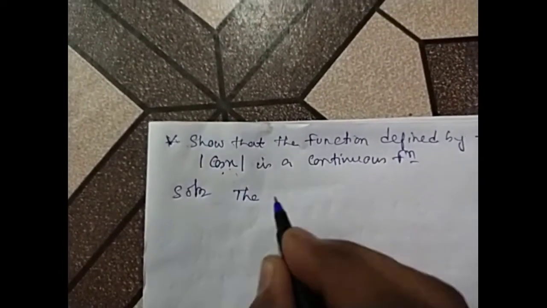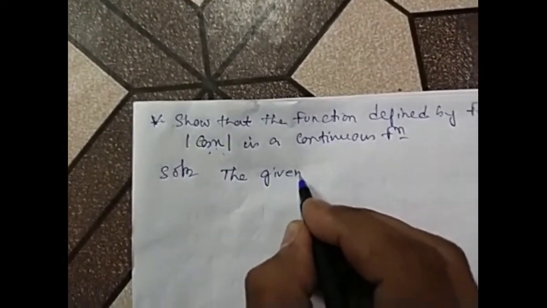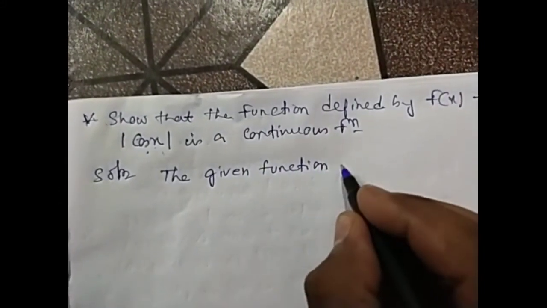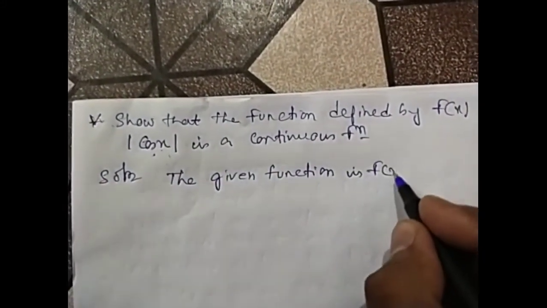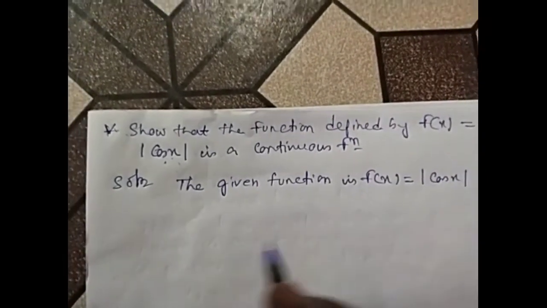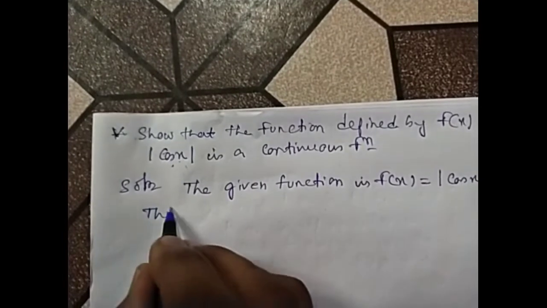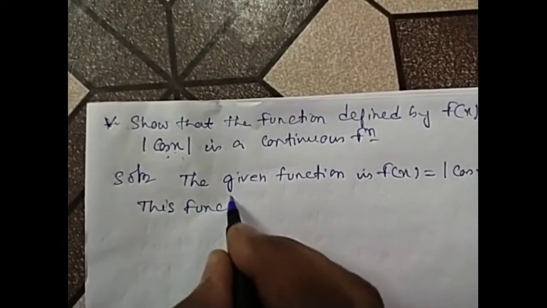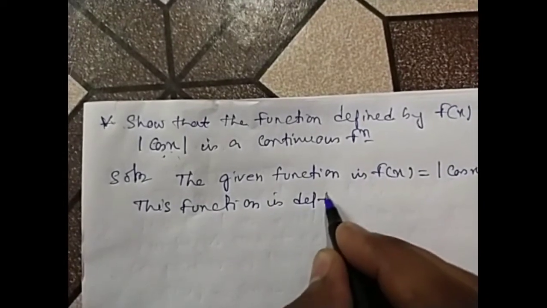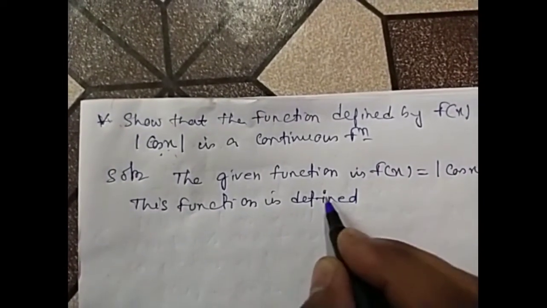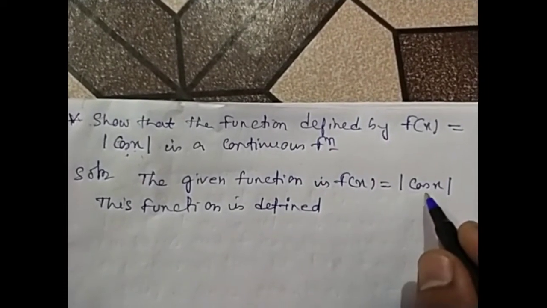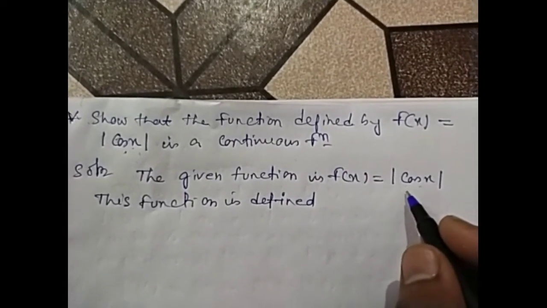What will you write now? The given function is f(x) equals modulus of cos x. I've told you it is defined. It is always defined, but it may be continuous, it may not be continuous.